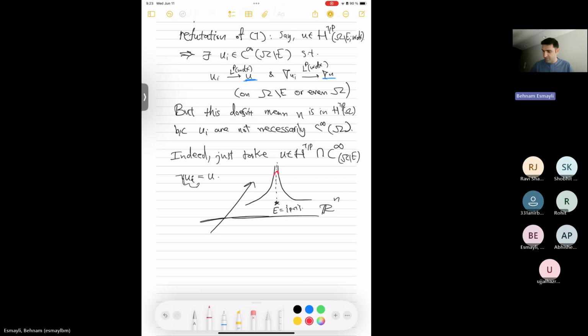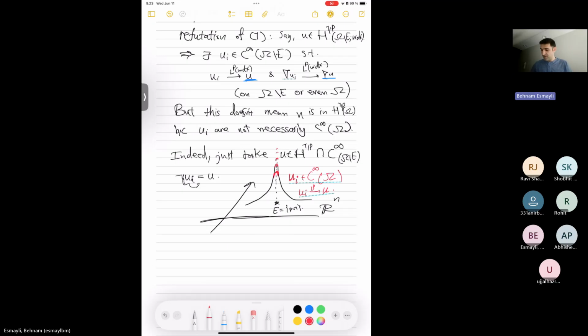So you truncate at some point and stop going to infinity, because then you cannot get a smooth function. So you truncate at some vicinity of this one point, and you call the function u_i, and then you do this truncation at higher and higher levels. Now you will get a sequence of smooth functions, not just on omega minus E, but all of omega. And then these happen to again converge in L^p to my u. So that is how you would end up proving that u at the one point is removable.